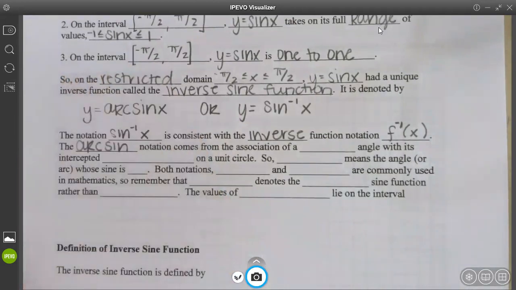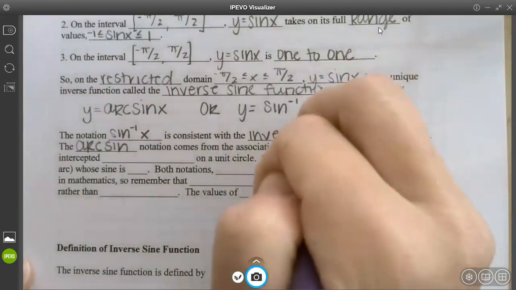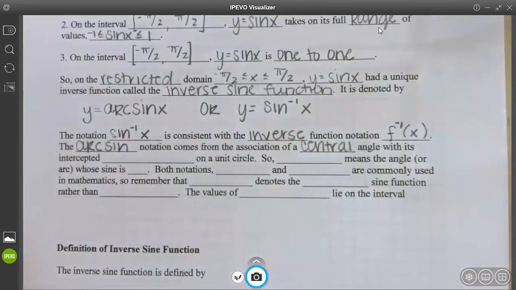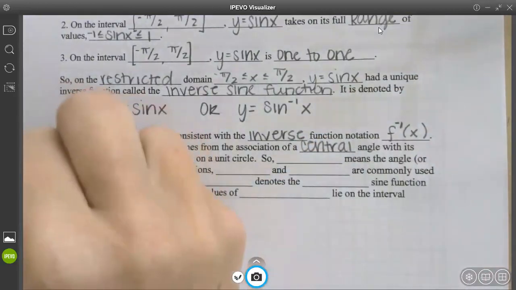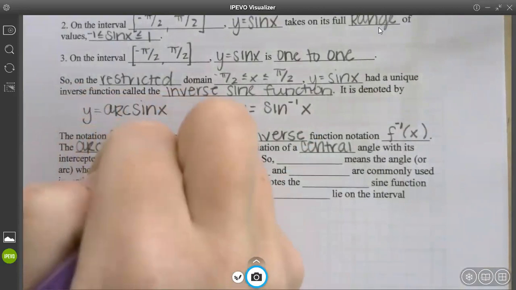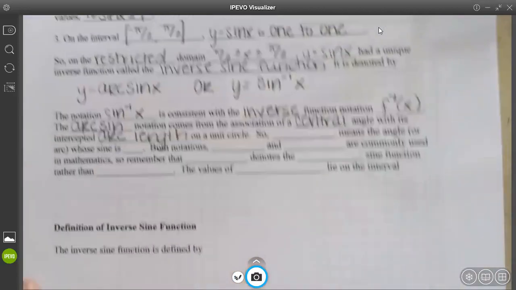The arc sine notation comes from the association of a central angle with its intercepted arc length on a unit circle.